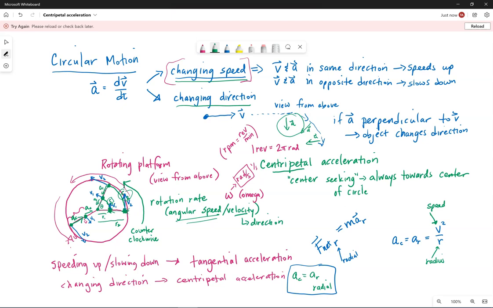The other way we can write this is in terms of the angular speed. So r is radius still, but here omega is the angular speed or rotation rate.